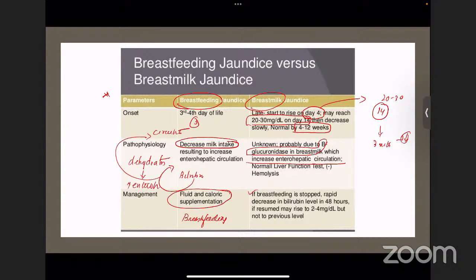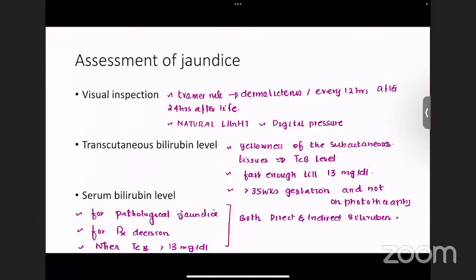But as per the IAP and NNF guidelines, stopping breast milk is not indicated for diagnosis or treatment. You don't need to stop breastfeeding in a suspected case of breast milk jaundice. Instead, you can start phototherapy. Most of the time, it will settle. So there is no indication to stop breastfeeding.